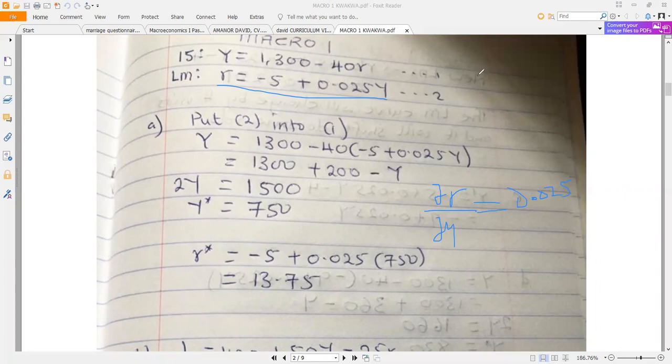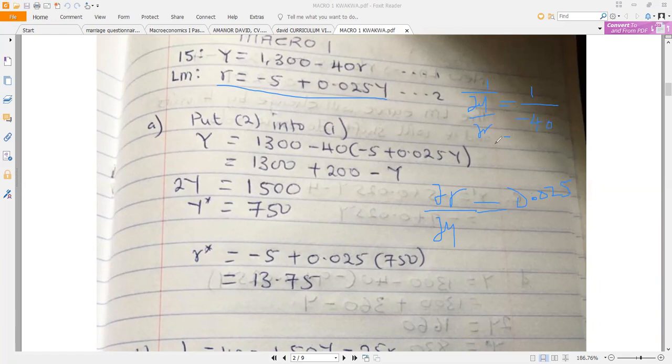And then if you want to find the slope of the IS curve, remember we said it's 1 over dY/dR. The slope is supposed to be dR/dY, but because the IS curve is given in terms of Y, just find dY/dR and reciprocate it. So doing that, 1 over dY/dR is 1 over -40.